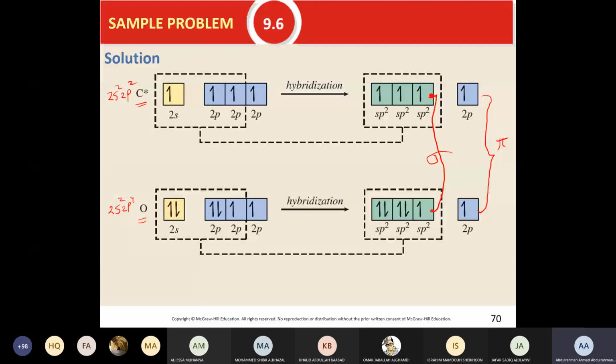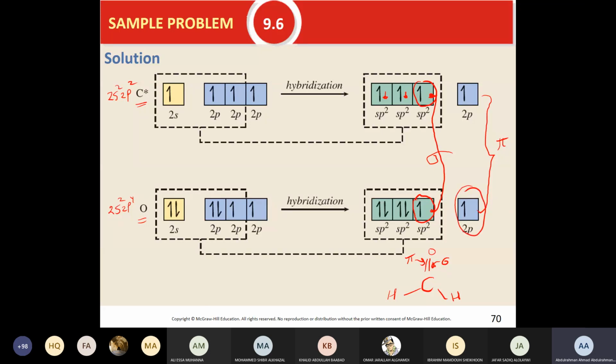I will write a small electron from hydrogen, a small electron from hydrogen, to make the bond, because the molecule shape is: this is the oxygen, this is the hydrogen, and this is the hydrogen. So this sigma bond is between this orbital of oxygen and this orbital of carbon.